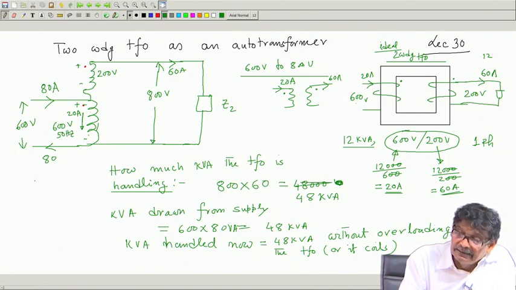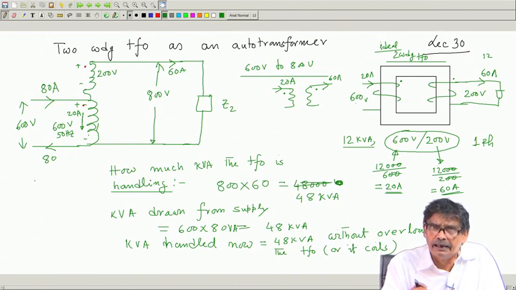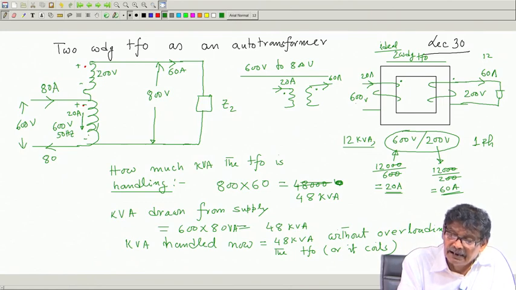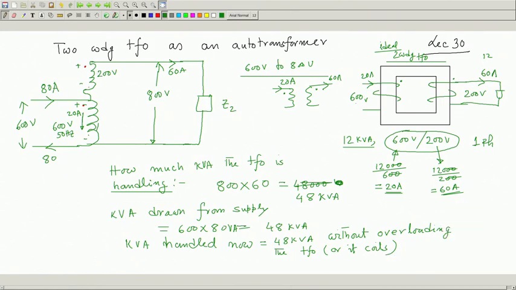Therefore, these two coils can be treated as isolated coils, and the volt ampere handled by this, by transformer action, kVA transmitted should be equal to 200 into 60, or that is the same as 20 into 600.